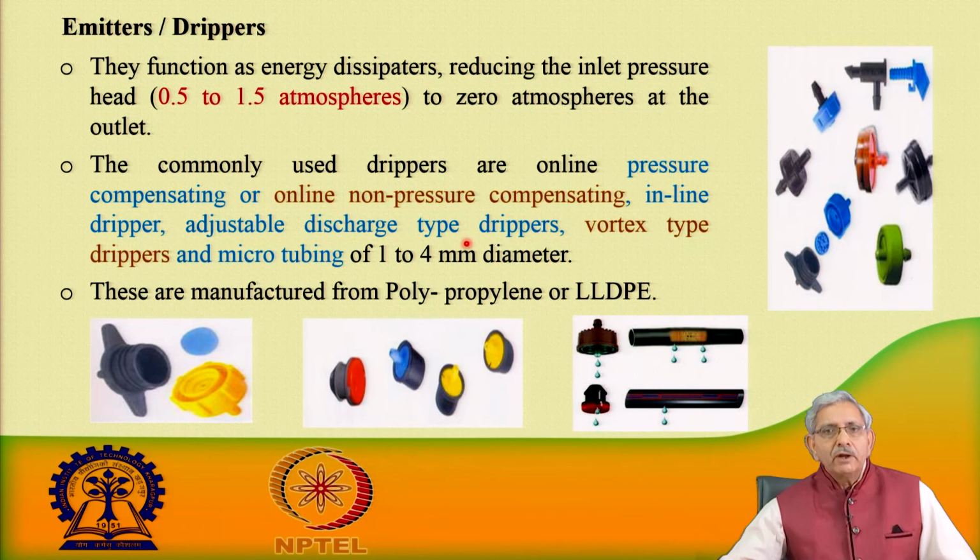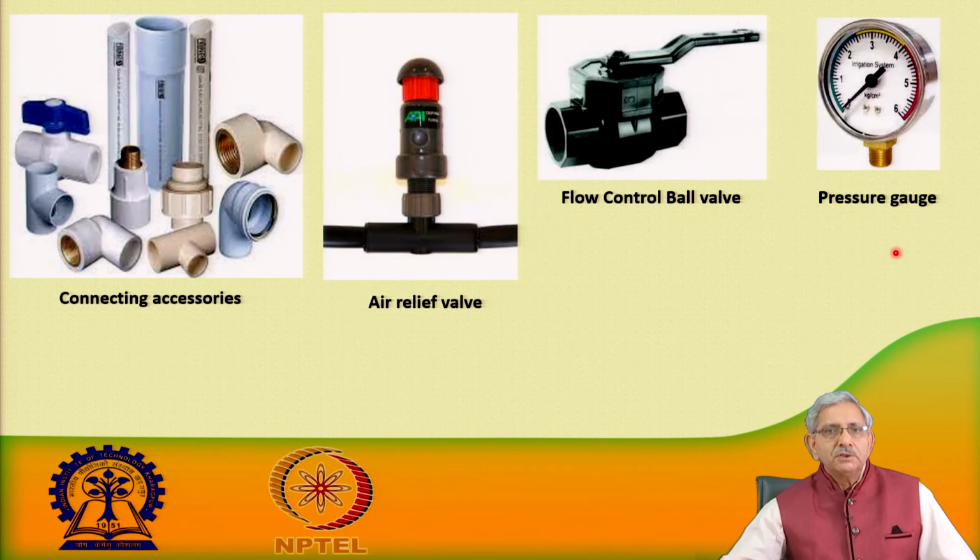Here is one kind of drip emitter with 3 components, which we will discuss in detail later. This is another, an inline type of dripper inserted at the time of fabrication, and this is a button type of dripper. There is a variety of drippers available commercially, and depending upon the requirement they are chosen.